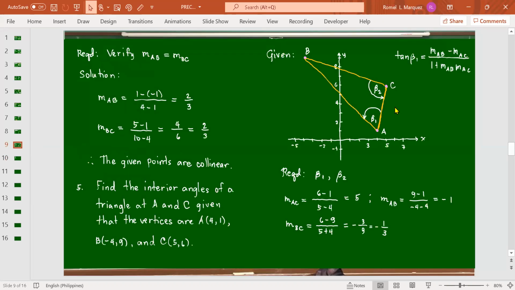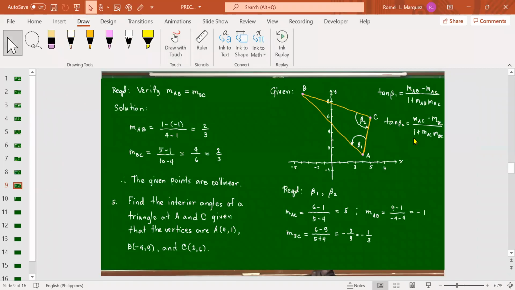Let's form the formula for the next one. What about tangent beta 2? What's the formula? Slope where the arrow is pointing, m of AC, minus where the tail is pointing, m of BC, all over 1 plus m of AC times m of BC. Okay?